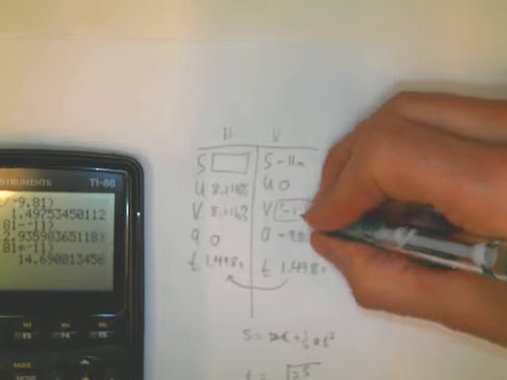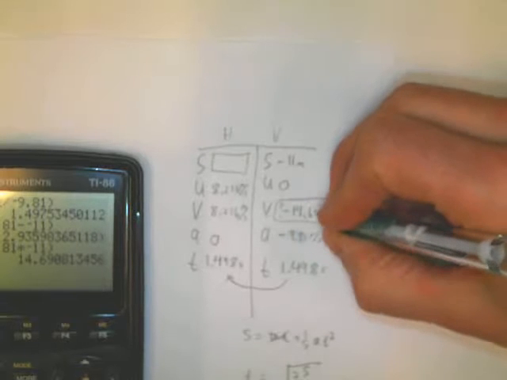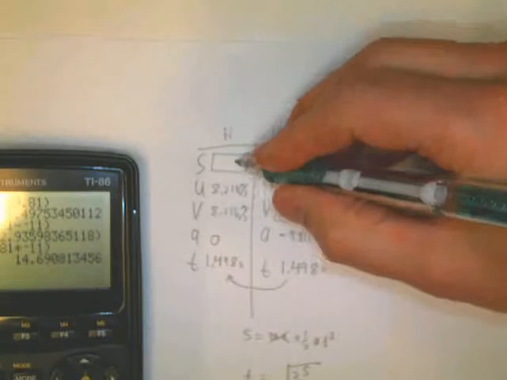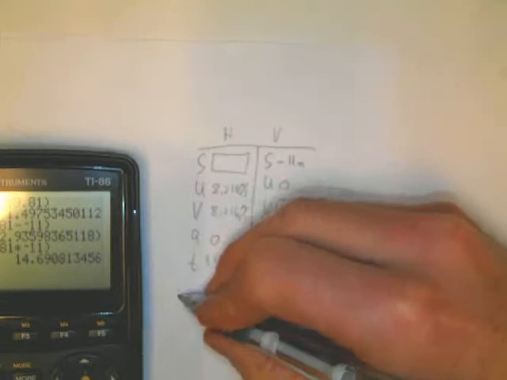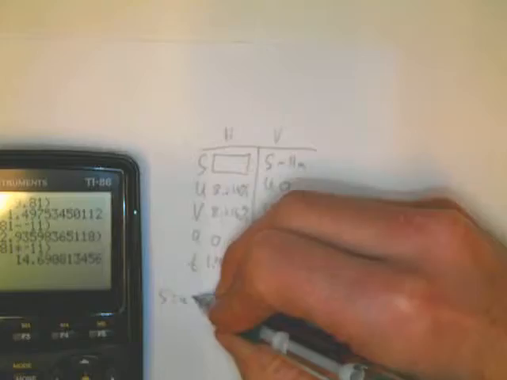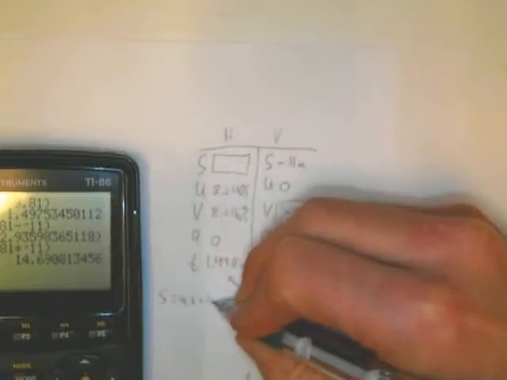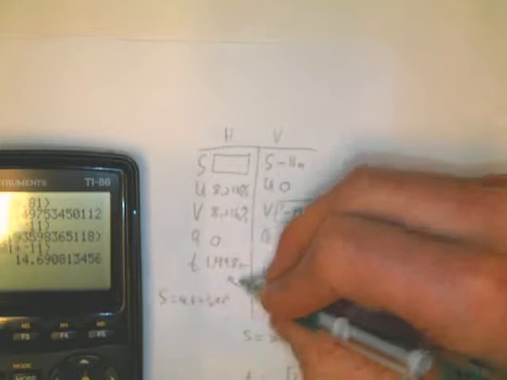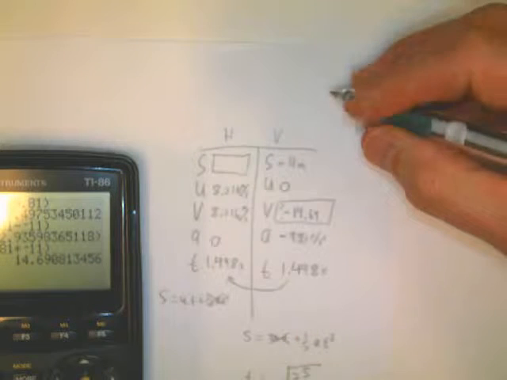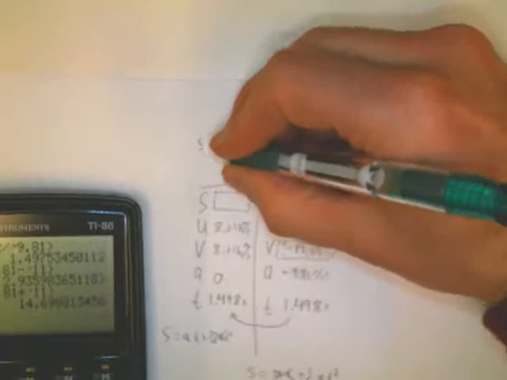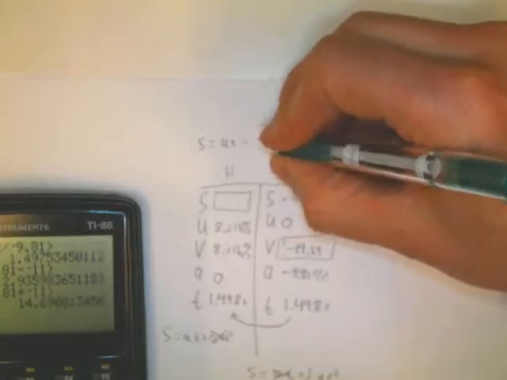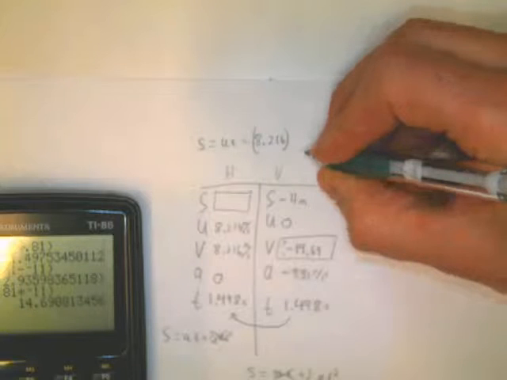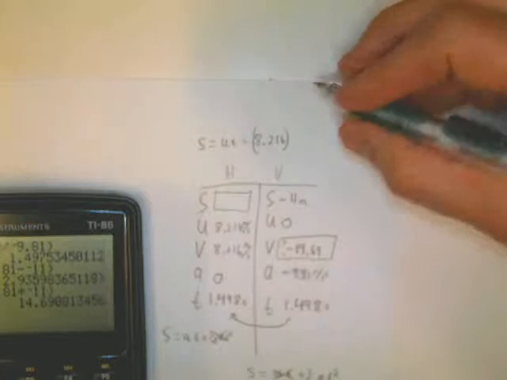And then if we want to figure out this thing here, all it is s equals ut plus 1/2 at squared. There's no acceleration, so there's no 1/2 at squared. So s just equals ut. That equals 8.216, and we got that from the other part of the problem, part A, times 1.498.